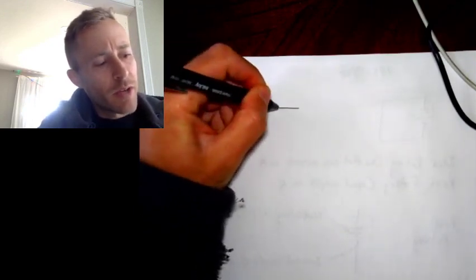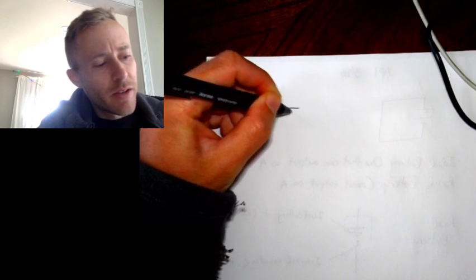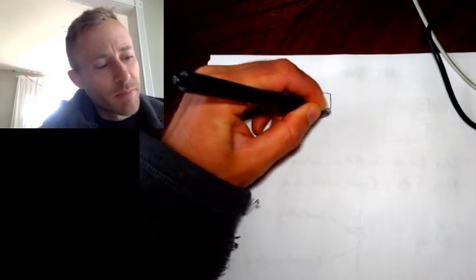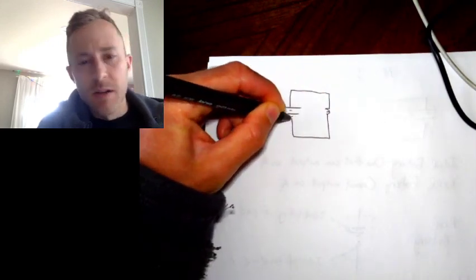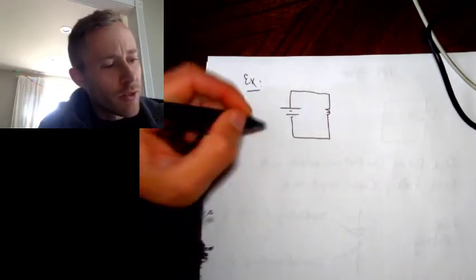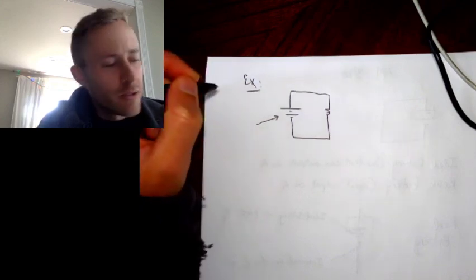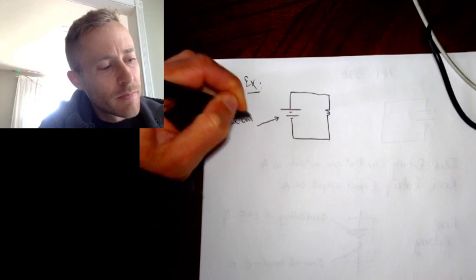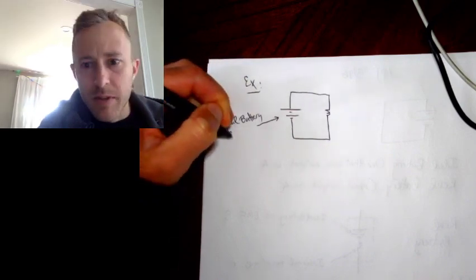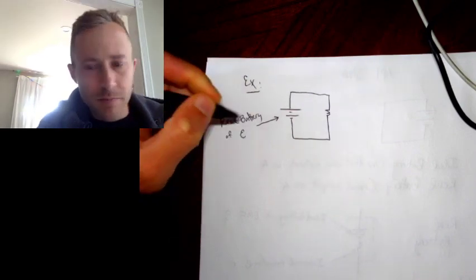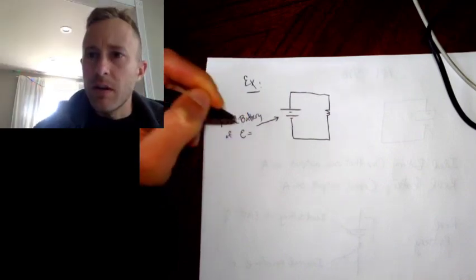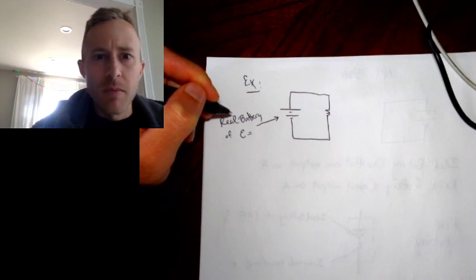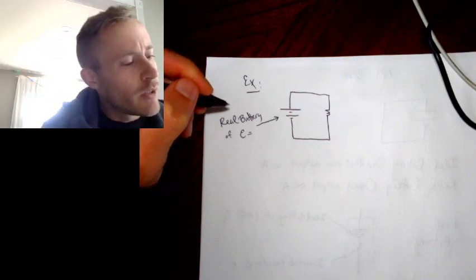So let's suppose we have a real battery that's in series with a resistor. Okay. So let's suppose that this right here is a real battery of EMF, let's say the EMF is 9 volts.